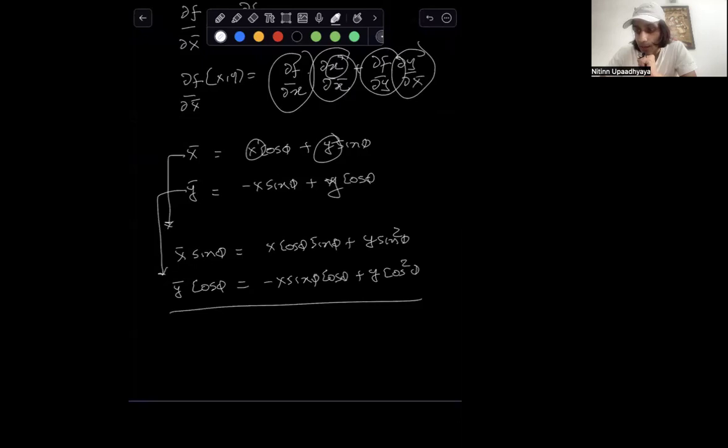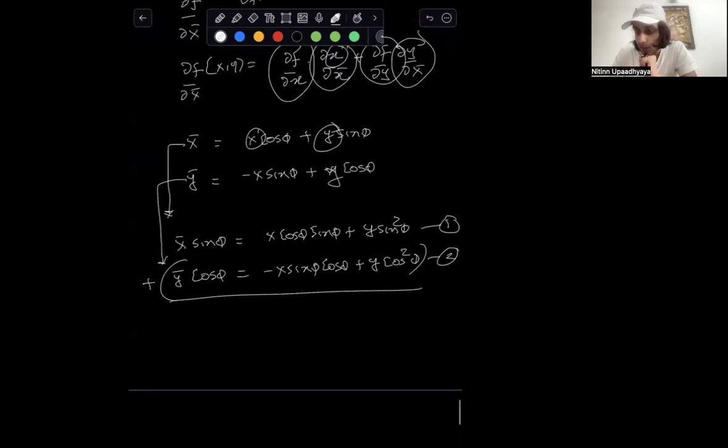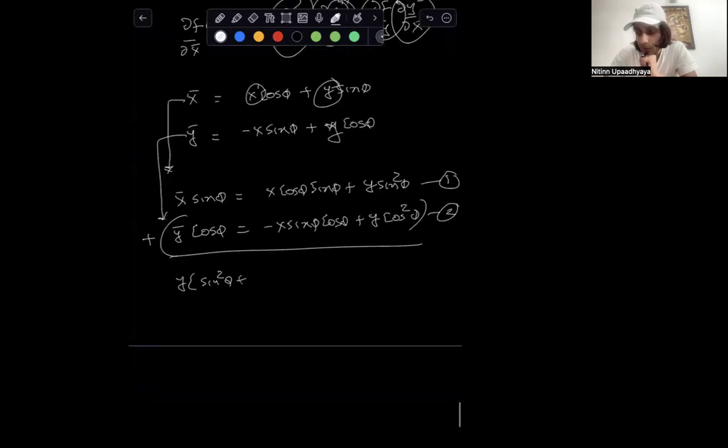If I add both of these expressions, you see that these terms cancel out, and I have y times (sine square φ plus cosine square φ) on the right hand side, which equals x̄ sine φ plus ȳ cosine φ.